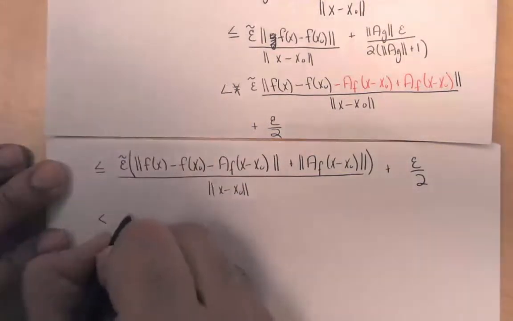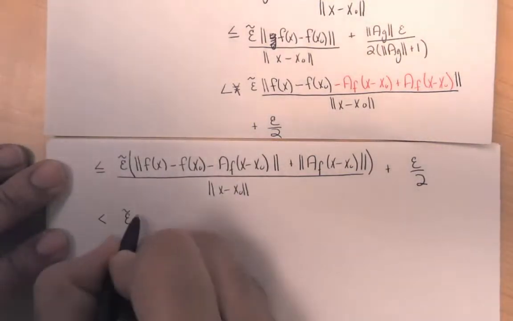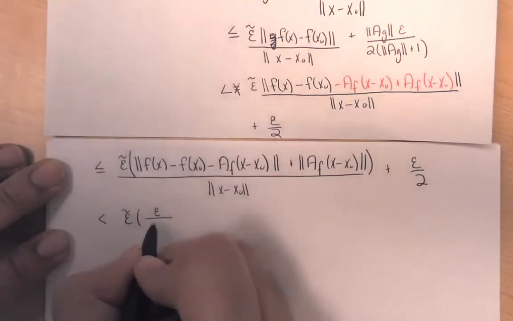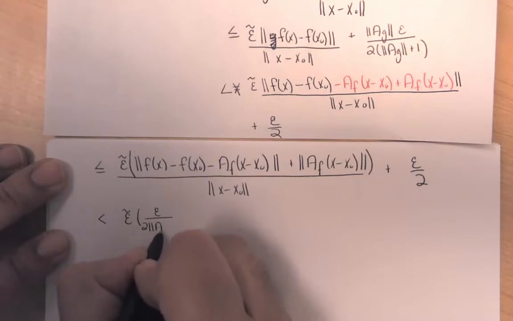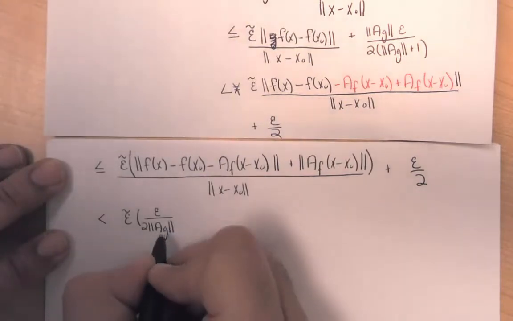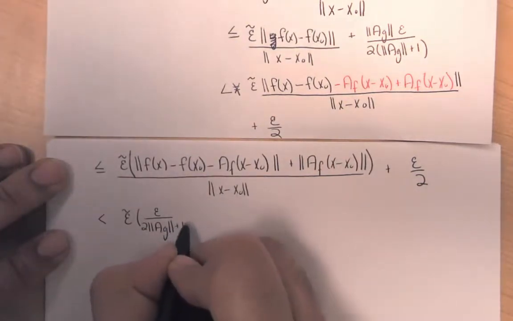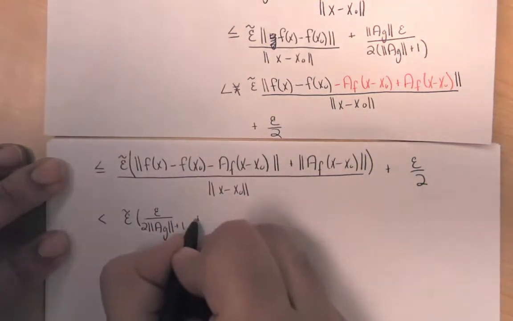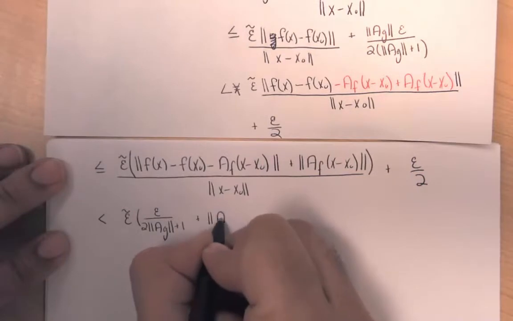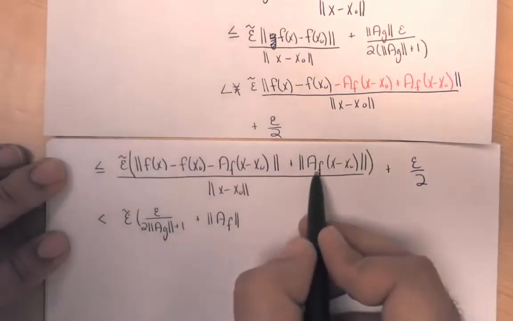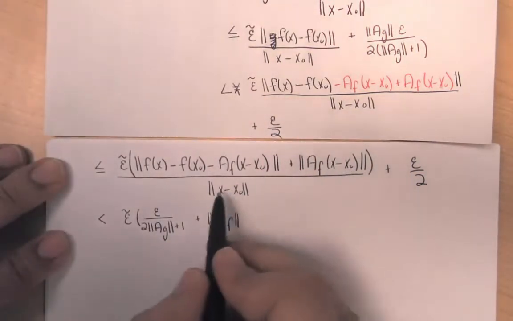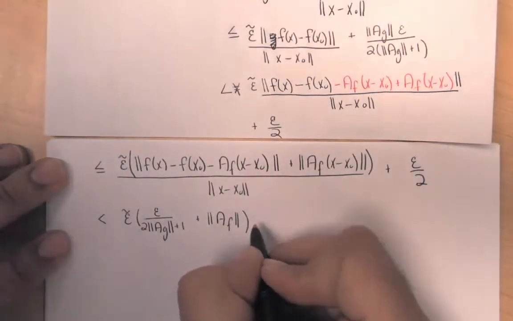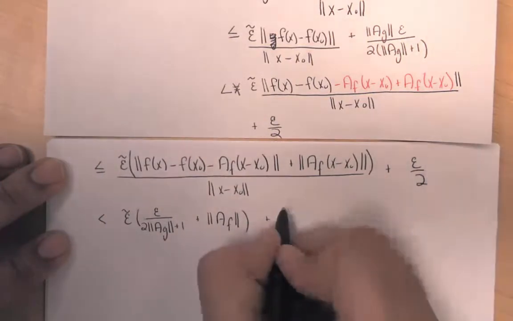So this is less than epsilon tilde times epsilon divided by 2 times the norm of AG plus 1, plus the norm of AF, right, times x minus x naught divided by x minus x naught, so I just get this norm, plus this epsilon over 2.